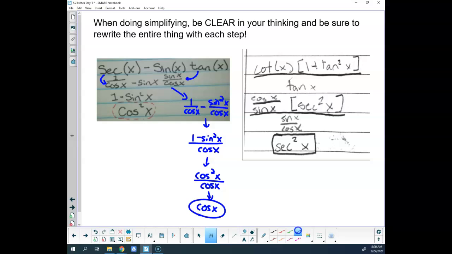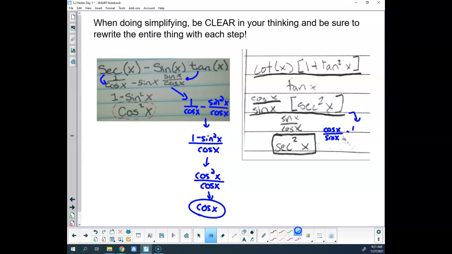So, need to do some logic type stuff. Okay? So, first off, from here, I would be okay with this, except this one should have been then cosine of x over sine of x, because that's my cotangent.